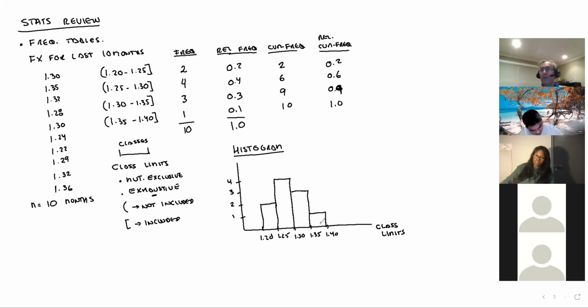So this is my histogram. Do you have questions, guys?